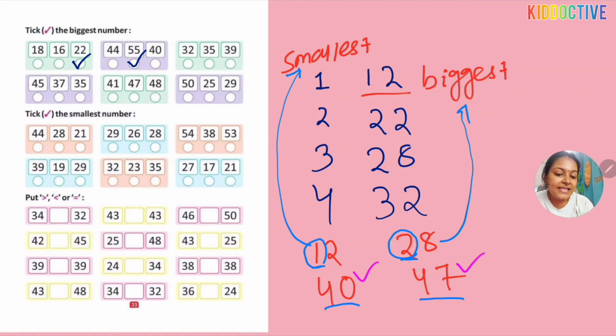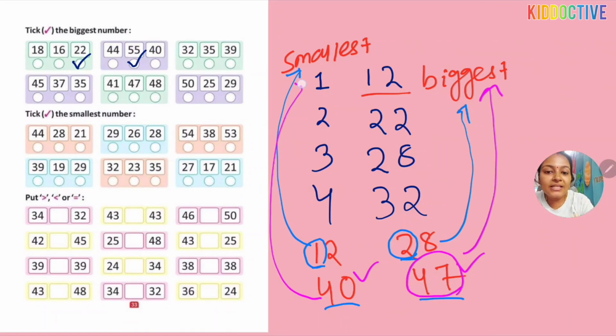Second place in 40 the number is 0 and in 47 the number is 7. So 0 is more or 7 is more? Obviously 7 is more. That's why 47 is the biggest number and 40 is the smallest number. Okay. You need to remember these things.